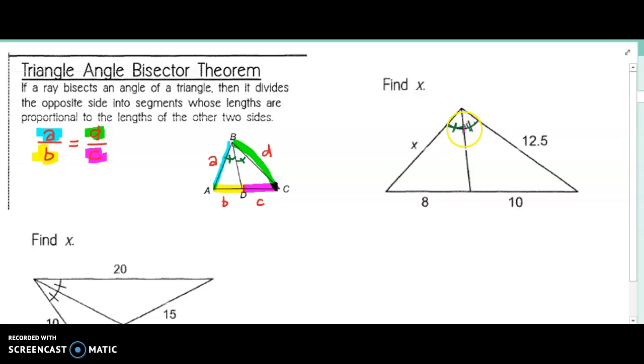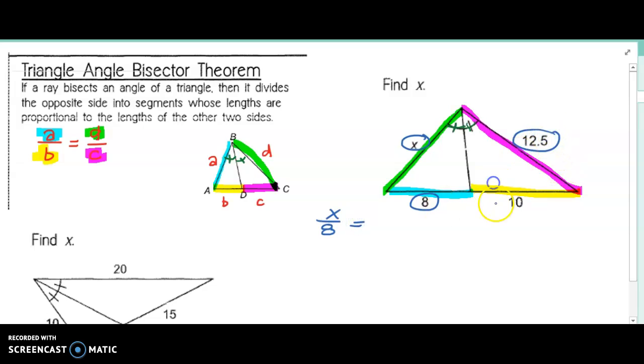All right, so let's look at this first example over here. So like I've already pointed out, this angle is bisected because I have two smaller angles. So I'm just going to go ahead and highlight each of these that are proportional in different colors. Just like that. Okay, and after I have my different colors, I can set up my proportions. So I have x over 8 is going to equal 12.5 over 10.